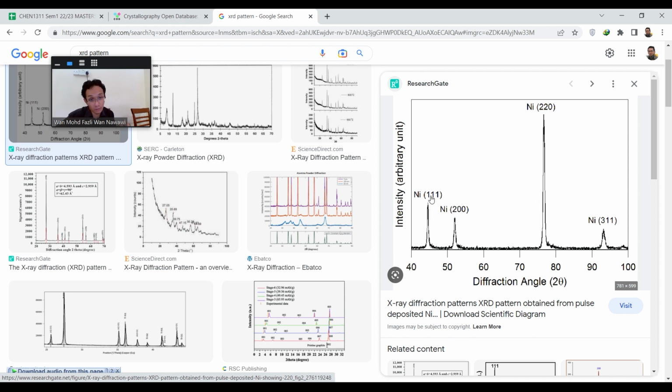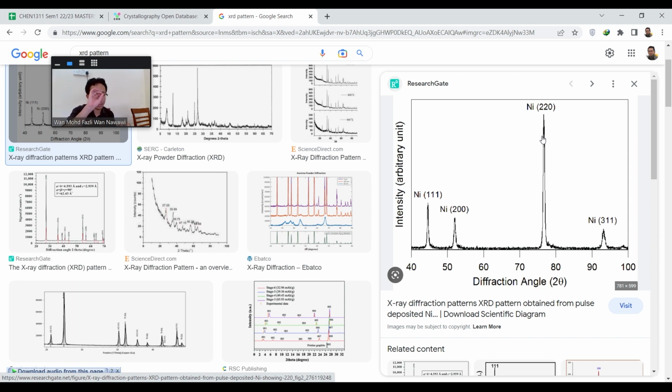If you find the D from here, it is a different D, because this is the distance between the 200 planes. If you calculate using the Bragg equation, you get the distance between the 220 planes, and so on.